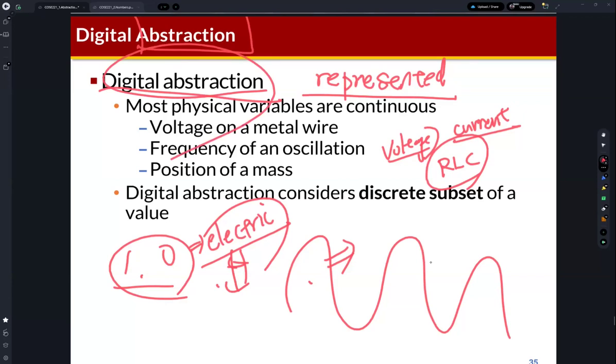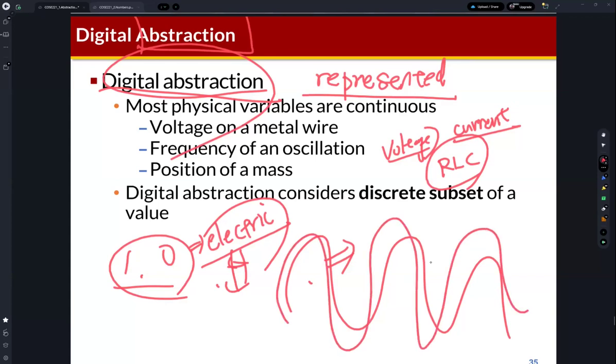How can we understand this? It's simple. The analog signal in these electric circuits can be understood like digital signals. This is digital abstraction.